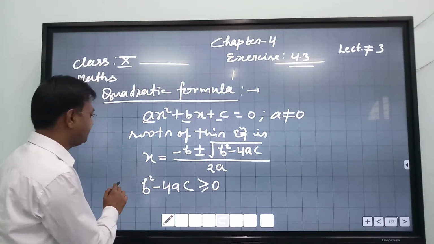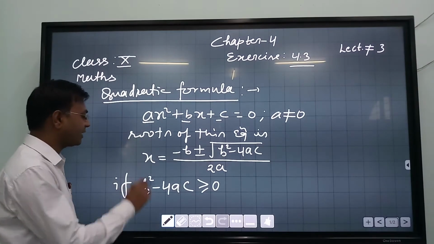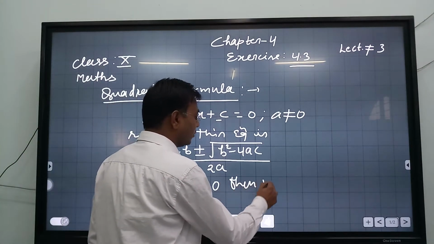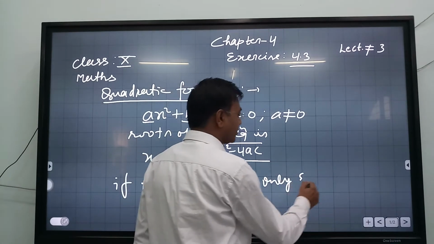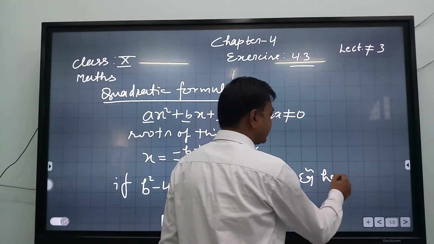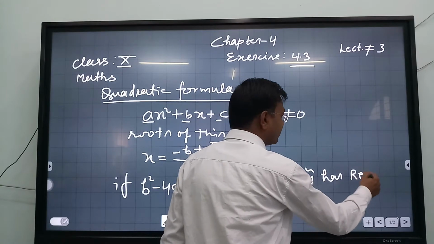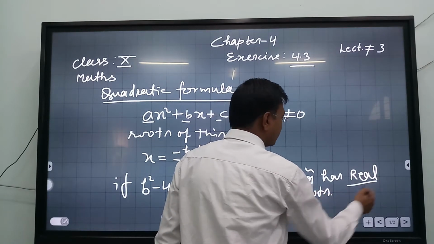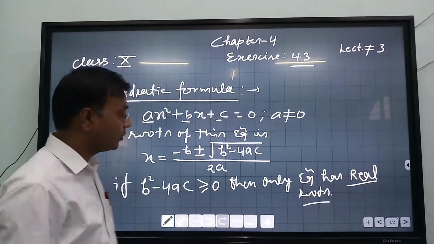So if b square minus 4ac is greater than or equals to 0, then only the equation has real roots. What I have written? Real roots.